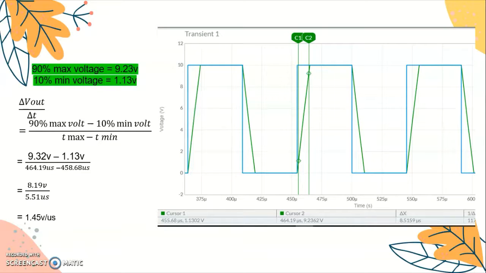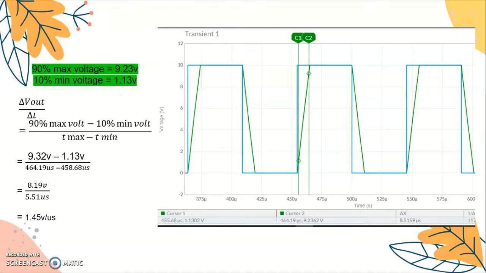We have to subtract 10% minimum voltage from 90% maximum voltage. So I got 8.19 volt, divided by time maximum minus time minimum. So I got 5.51 microsecond, and we got 1.5 volt/microsecond.